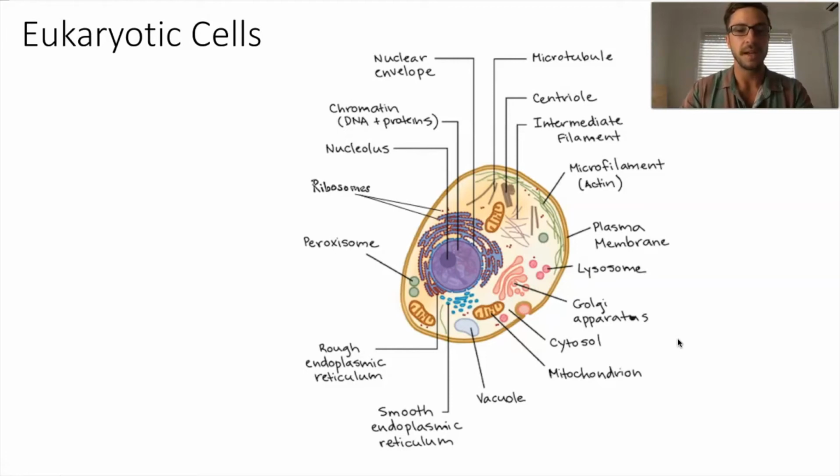So I'm going to talk about each organelle and what they do. And we can start over here with the nucleolus, and it's this feature within the nucleus, and it's where ribosomes are assembled. The nucleus, though, was one of the first organelles ever discovered, and it contains the genetic material of the cell, which is DNA.